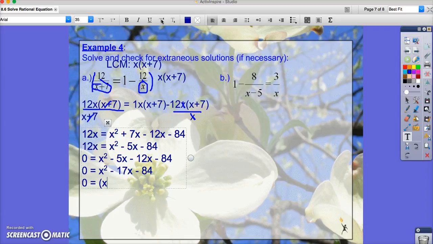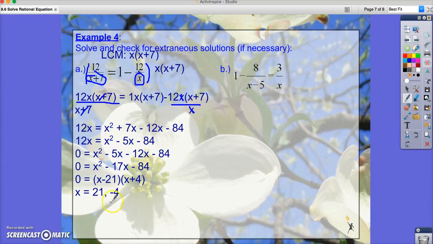All right. And we think to ourselves, it should be x minus 21, x plus 4. 21 times 4 is 84. Negative 21 plus 4 is negative 17. So x equals 21, negative 4. Now, do the check. They both check out.